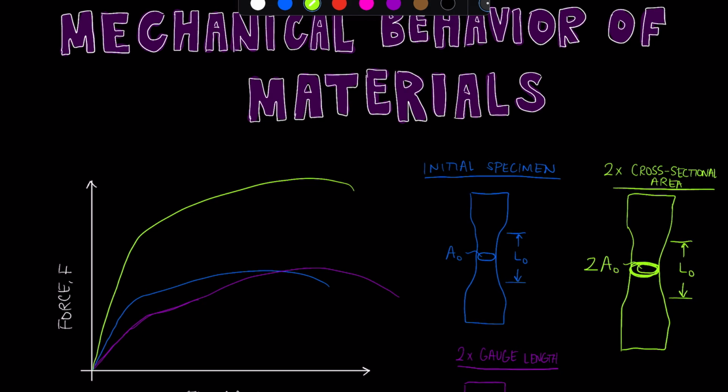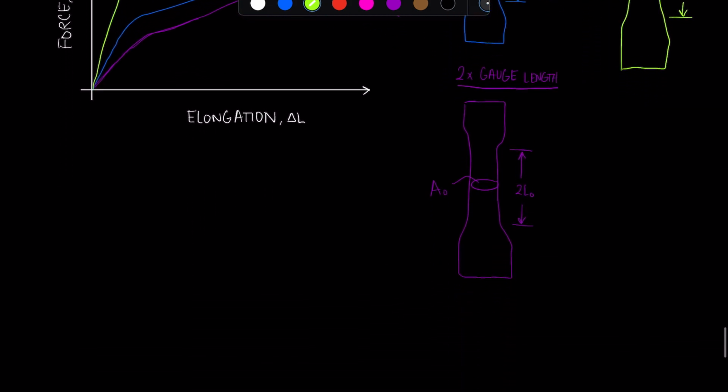Okay, so we've learned that our force elongation curve depends on geometry, and that means that we can't really say anything about the strength of the material just from looking at a force elongation curve. And that is why we turn to the stress-strain curve.